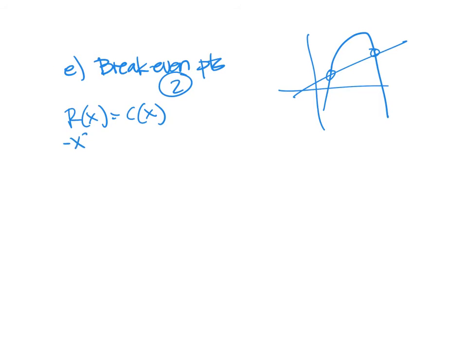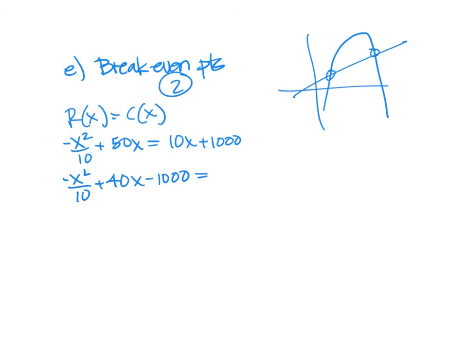So we have negative x squared over 10 plus 50x is equal to 10x plus 1,000. Now when we move everything over to the left, we have to do those inverse operations, and we end up with this. And now we have it set equal to 0 because we are actually solving. This does not factor, so we're going to be using the quadratic formula.